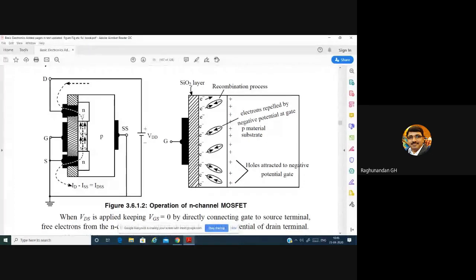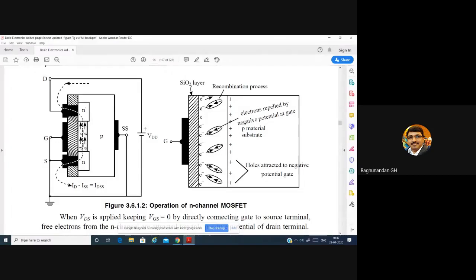When this is connected to the positive, automatically this metallic contact becomes positive. Then this region acts as a positive electric field. Because of that, electrons get attracted and they start moving towards this, which constitutes the drain current. Again, because of this attraction, what happens?